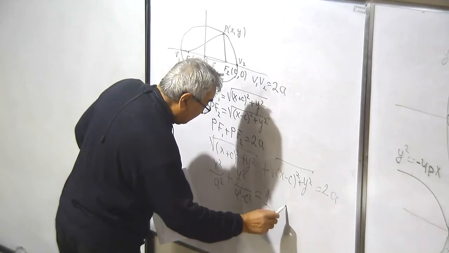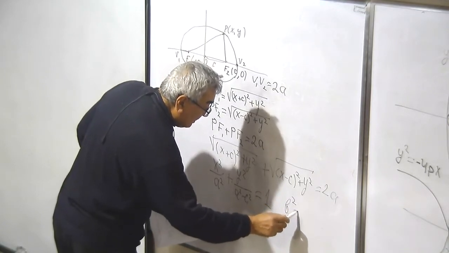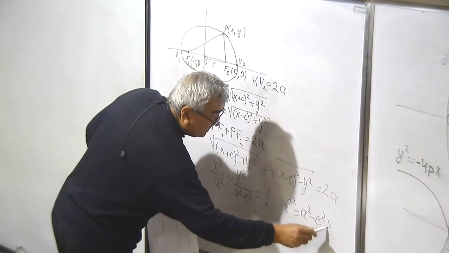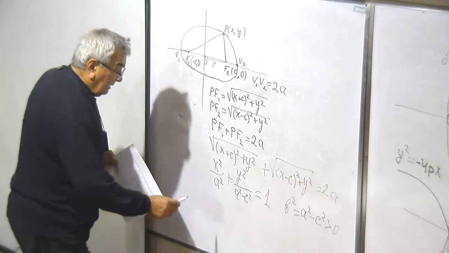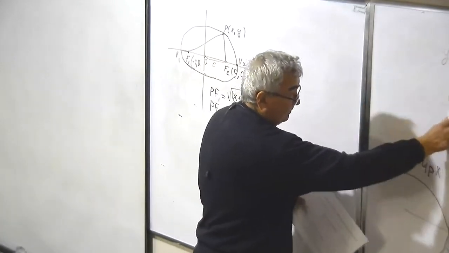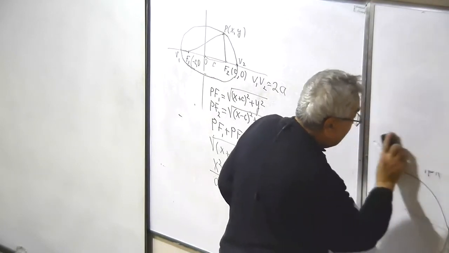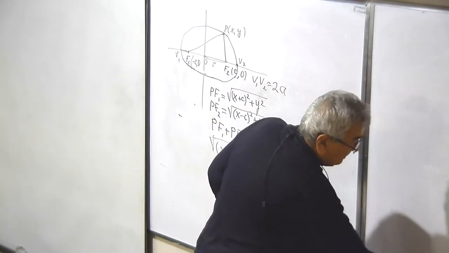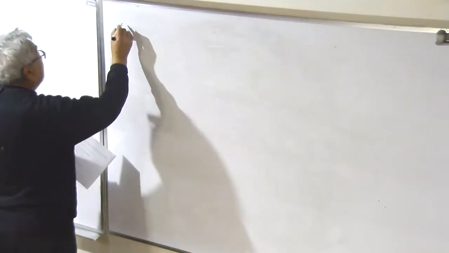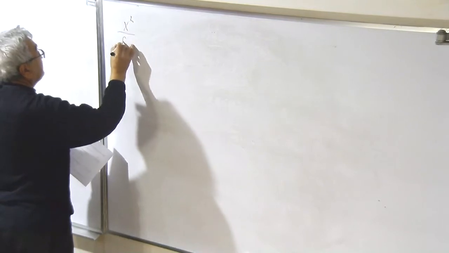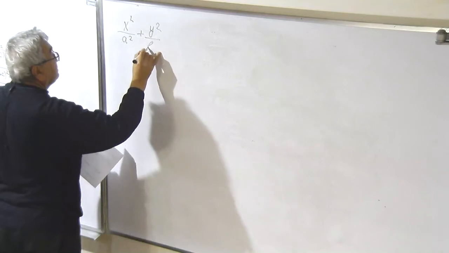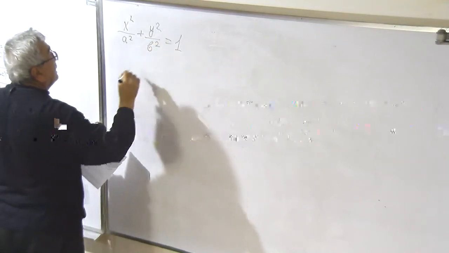Now if I note b square equal to a square minus c square, which is larger than 0, we receive the equation x square divided by a square plus y square divided by b square equal to 1.